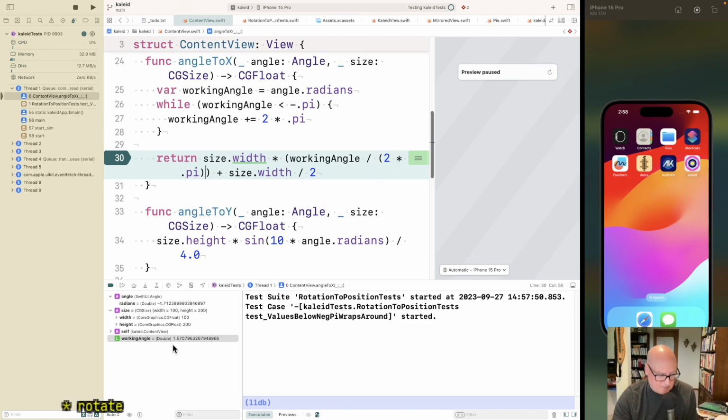Pi should be, well, what the heck? Pi over 2 divided by 2 times pi. Is that 1? That doesn't seem right.